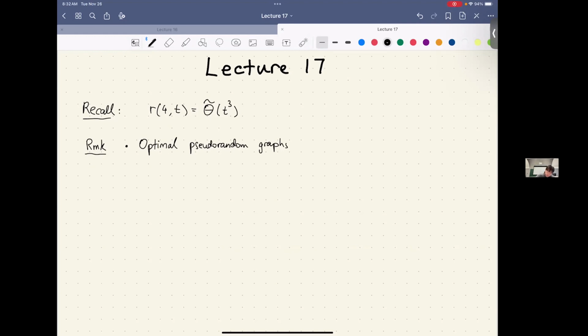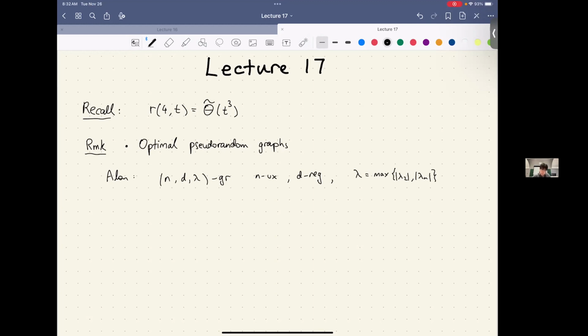So here, let's, for example, construct a triangle-free (n, d, lambda) graph, which is an n-vertex, d-regular graph, and let's say we order the eigenvalues in decreasing order, lambda 1 to lambda n.